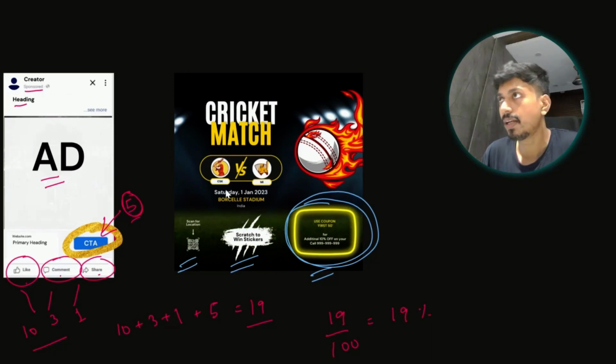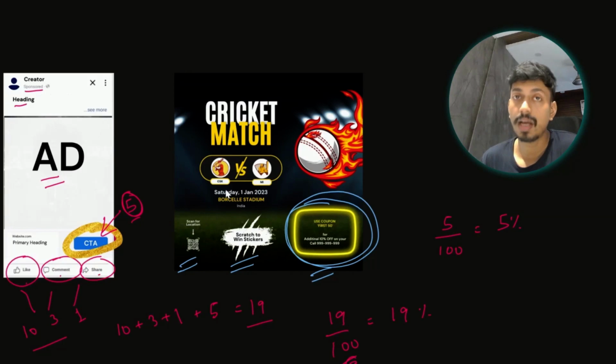That is 5, right? So 5 by 100 is equal to 5%. Now I want you to understand that this 100 which we used here, in the case of Facebook ads, is generally huge, in terms of lakhs, thousands, not just 100. But for the sake of this example, I am taking 100 here. So it is 19 and this is 5.